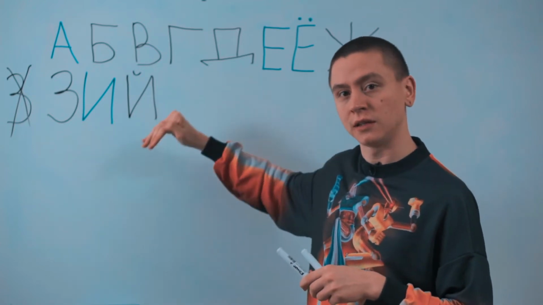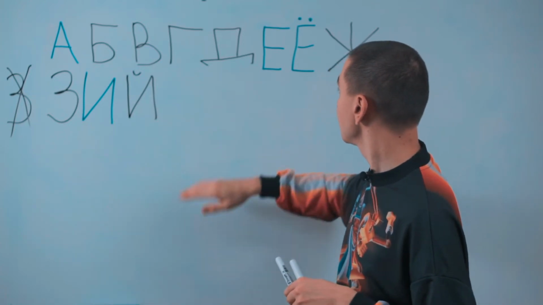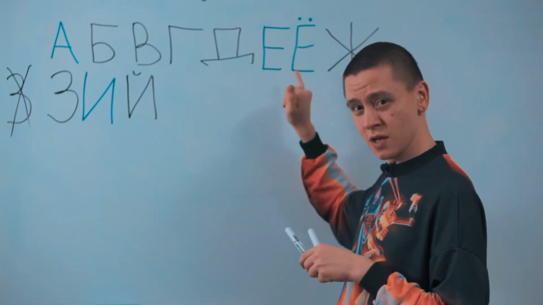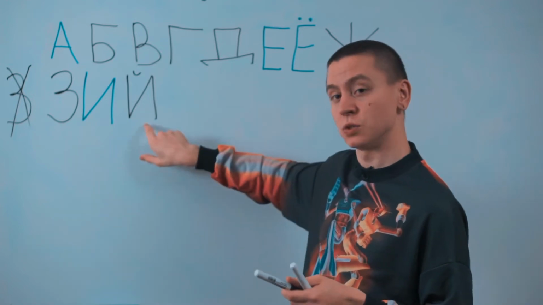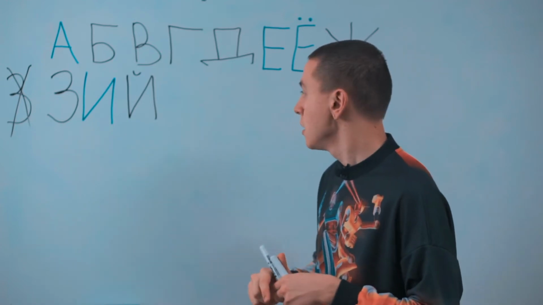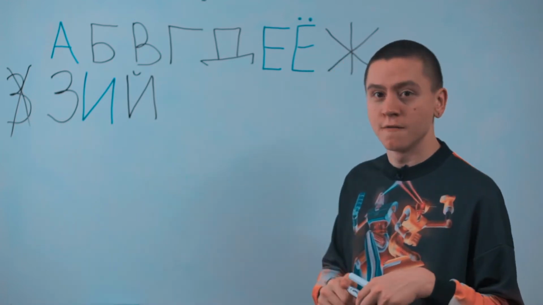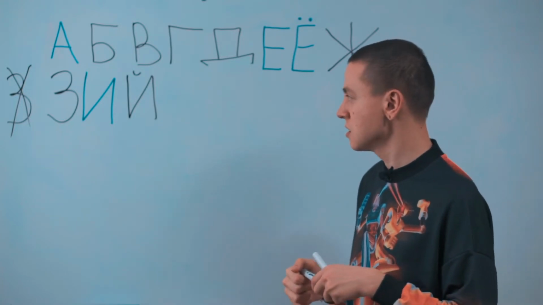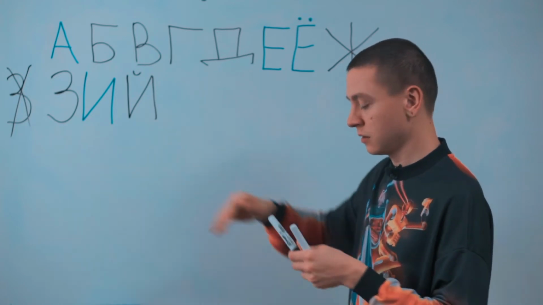Y. It's like you start to pronounce yeah or yo, and this first consonant is this one, Y. A, B, V, G, D, Y, J, Ž, Z, I, Y.